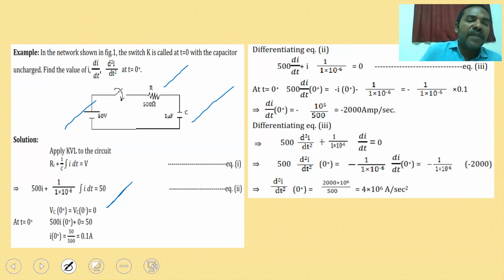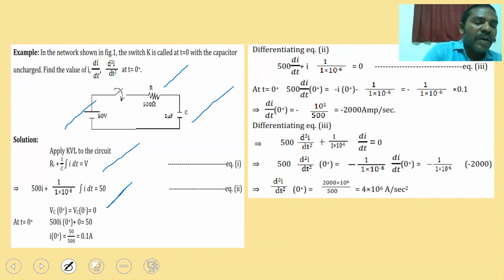So now apply the KVL for the RC circuit. Ri plus 1/C integral i dt is equal to V. The resistance value is 500, capacitance value is 1 microfarad. So 500 i plus 10^6/1 integral i dt is equal to 50. Okay.